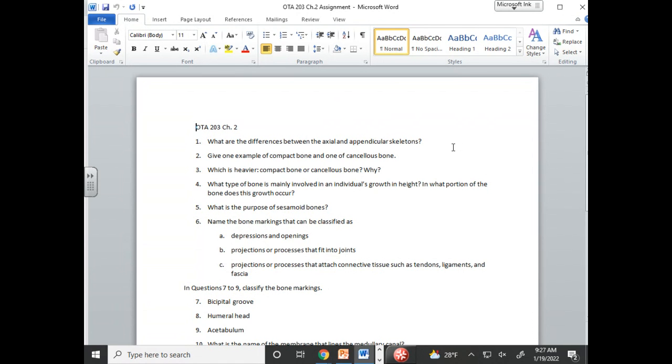Okay, only long bones have the diaphysis, the epiphysis, and the metaphysis. Okay, and then give me an example of a cancellous bone. The epiphysis of a long bone. Yes.